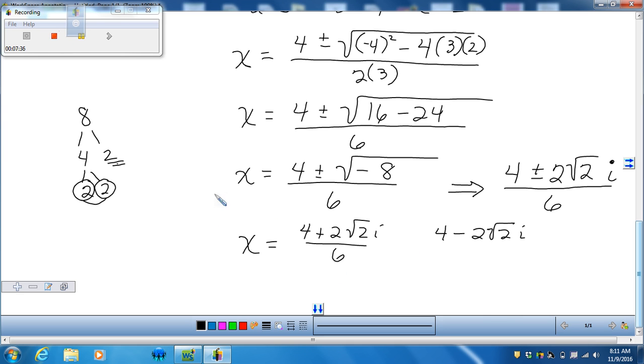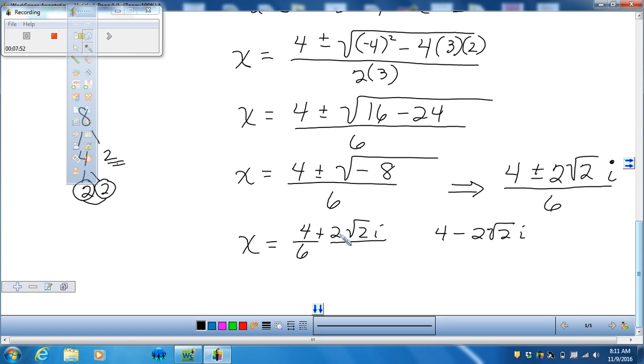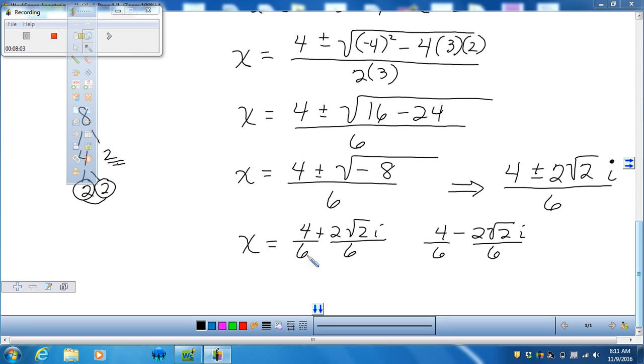Besides 2 answers, I'm going to separate it into 2 fractions. So I've got 4 over 6 and 2 radical 2i over 6, and then here I've got 4 over 6 minus 2 radical 2i over 6. So now that I've separated, I'm going to reduce those fractions.